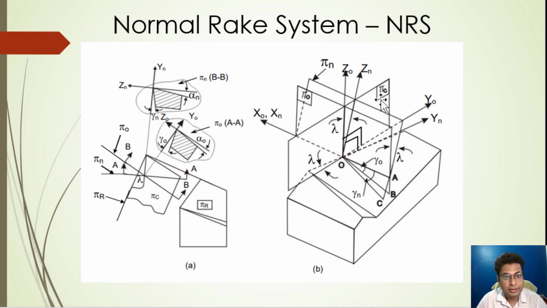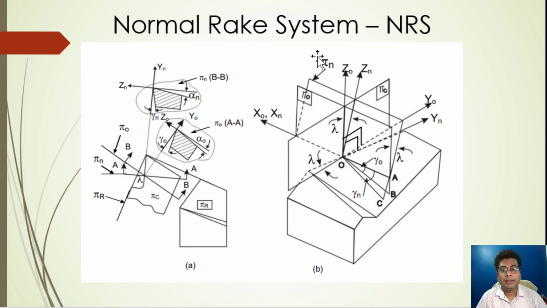We can locate pi c over here, which remains as pi c in NRS, but this pi o becomes pi n. How does it become pi n? You can locate here yo and yn. The angle between this yo and yn is the angle between pi o and pi n.